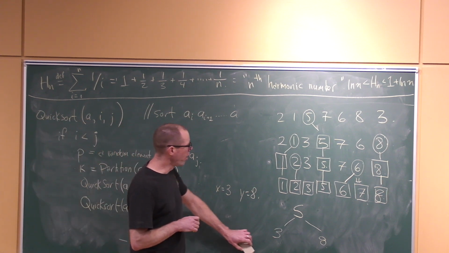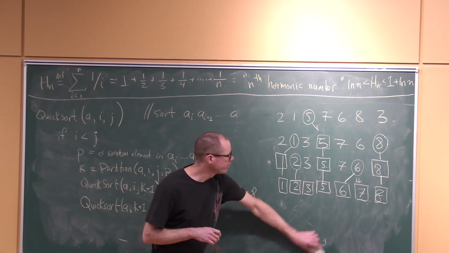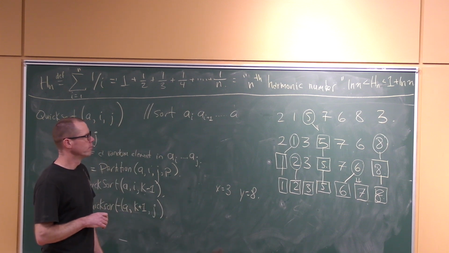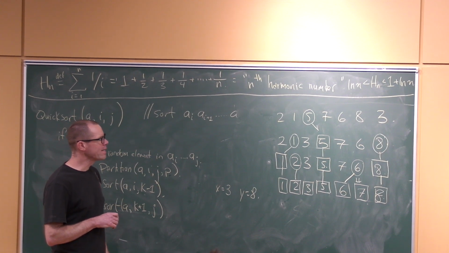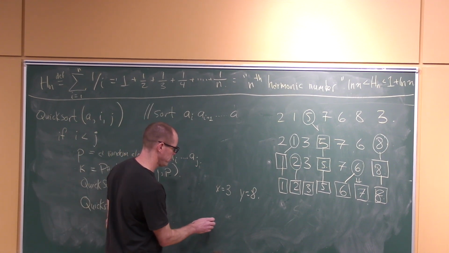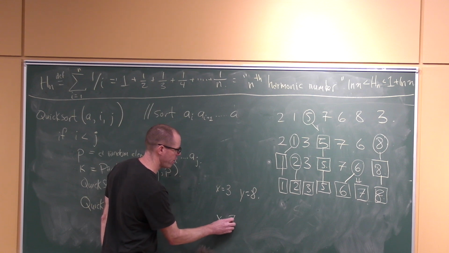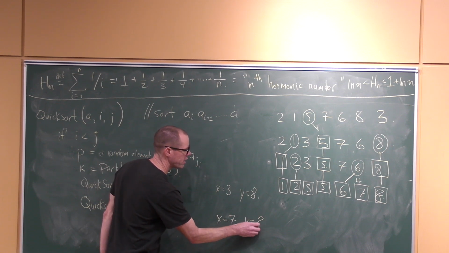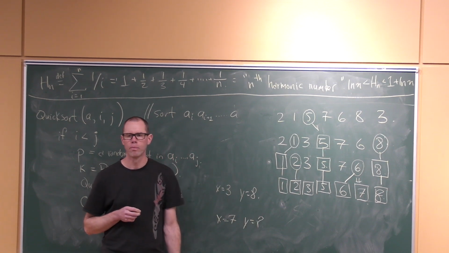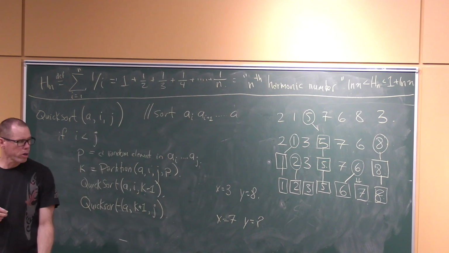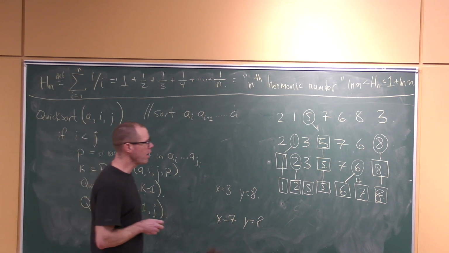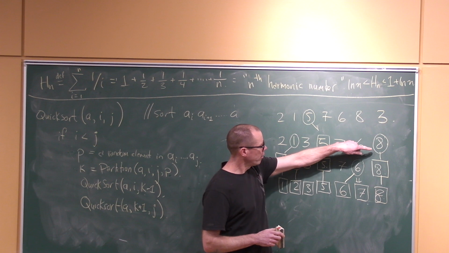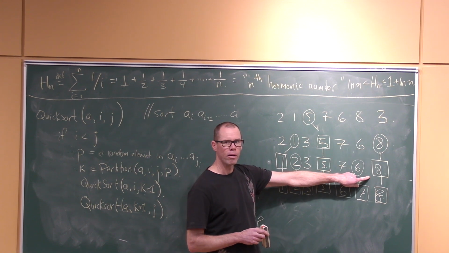All right. What about 8 and 7? So x equals 7, y equals 8. So they were compared, and they were compared from going from here to here.